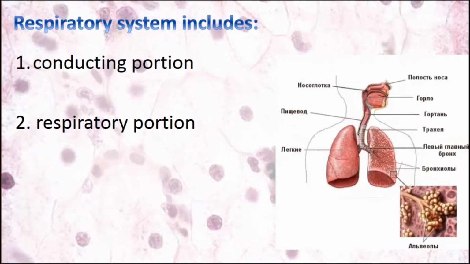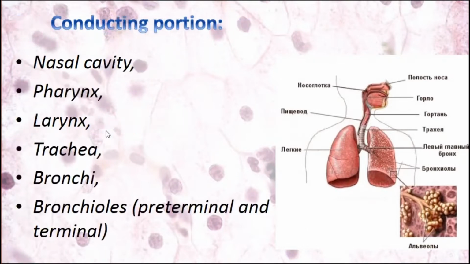The respiratory portion provides gas exchange. It includes very small vesicles with a very thin wall, the alveoli, which provide gas exchange. But we also need ways for air to get to the respiratory portion. That's why we have these two parts of the respiratory system.